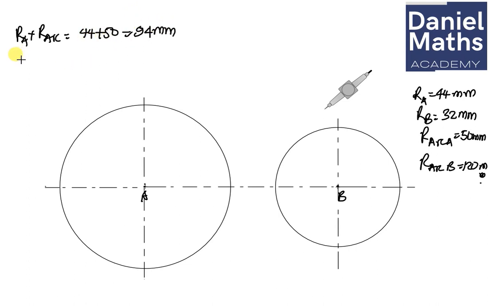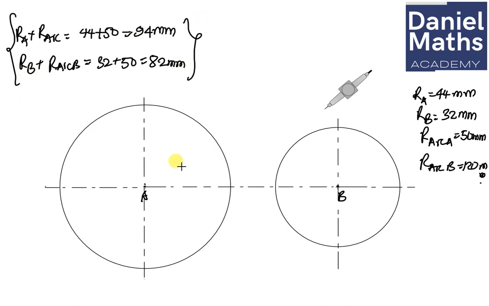And similarly, radius of B plus radius of the arc is 32 plus 50, which gives us 82 millimeter. So this is what we're going to use to draw our first arc.